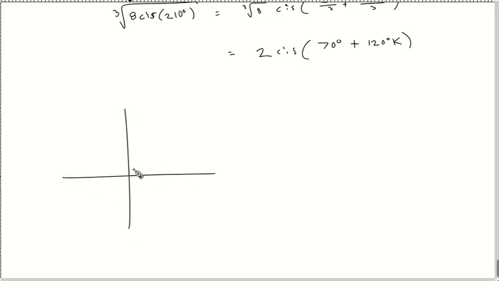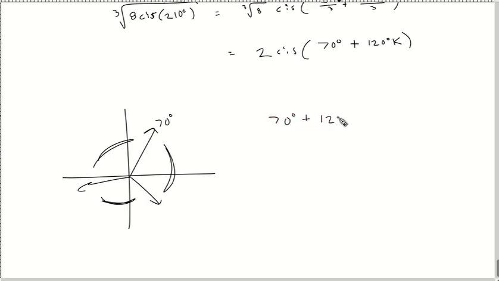You start at 70, which is somewhere right here, and you want 3 equal slices. So again, you're adding 120, so it might be like right here, and then like way down here. 1, 2, 3. Now, let's find out what those are actually going to be. And so I've got 70 plus 120 is 190.